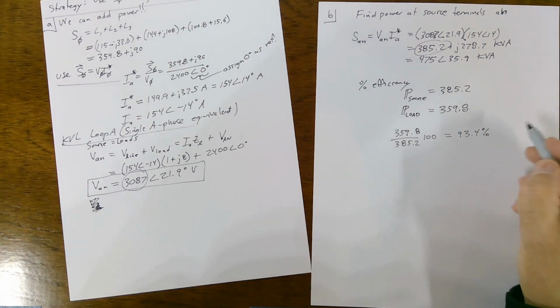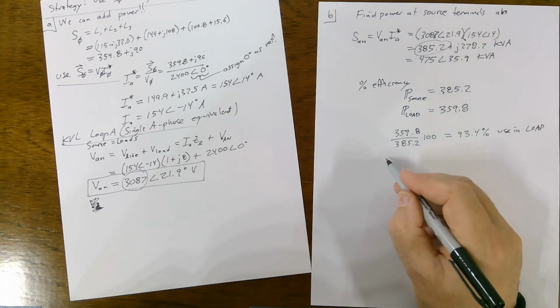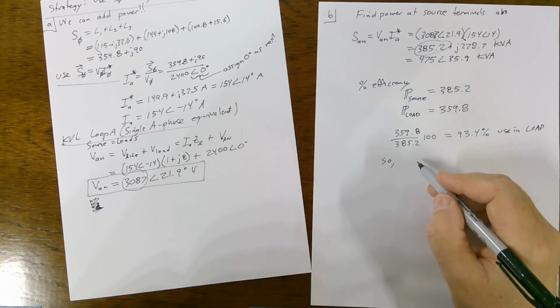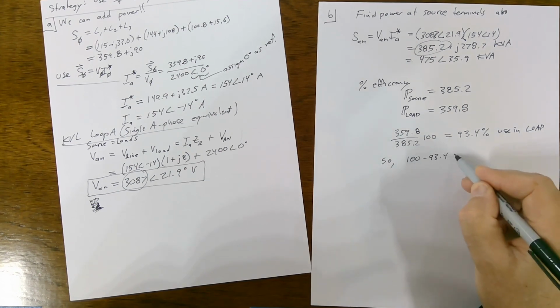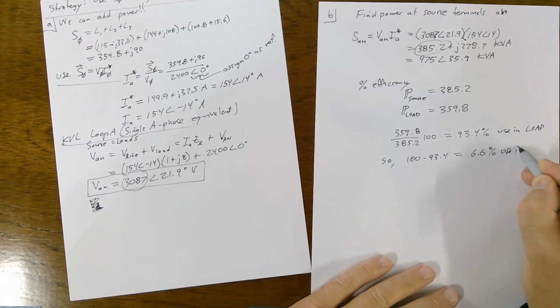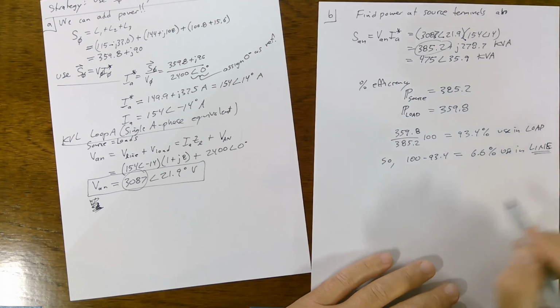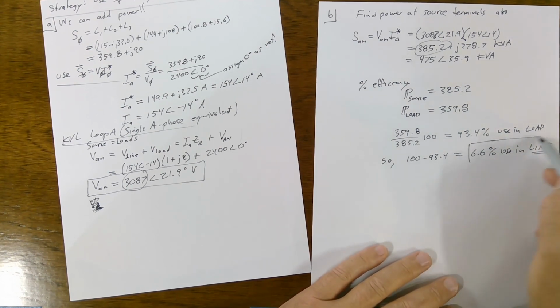That's what's used in the load. So 100 minus 93.4 is 6.6% used in the distribution line. That's the answer.